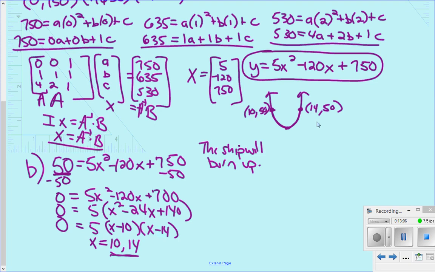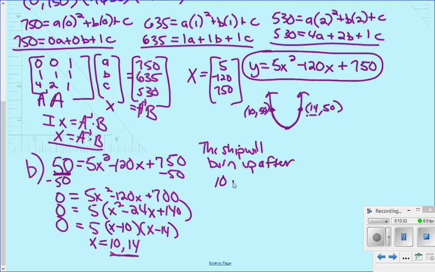And then once again, after 14 minutes, it would be within 50,000 miles of the star once again. We realize, though, that if at 10 minutes the ship burns up, the ship is no longer there to burn up again after 14 minutes. But the ship will definitely burn up. After 10 minutes, it will be within 50,000 miles of the star, therefore it'll burn up.